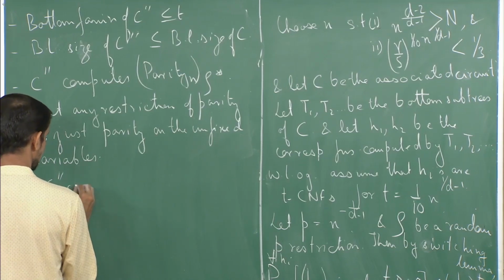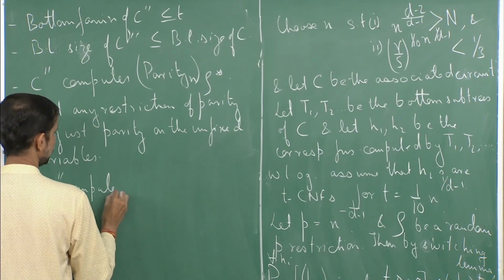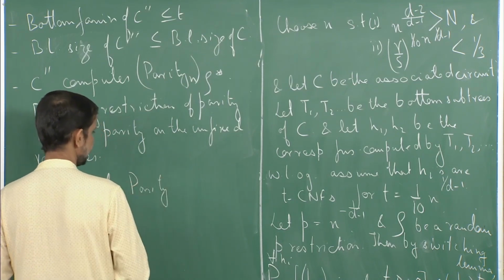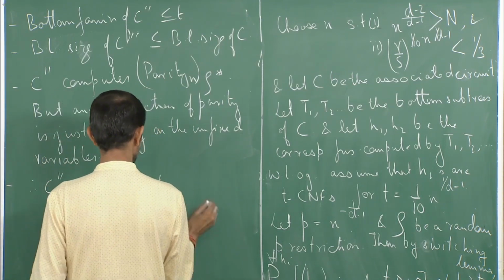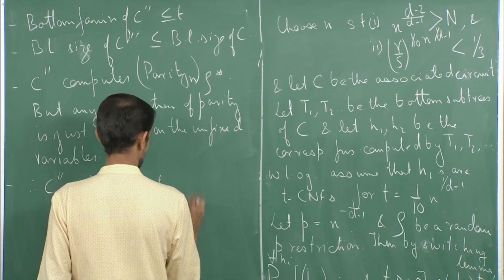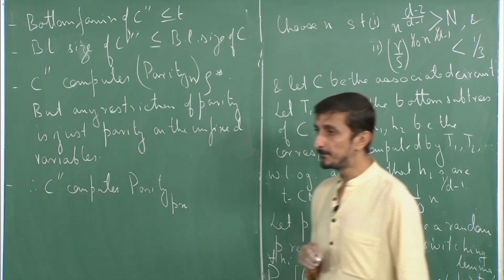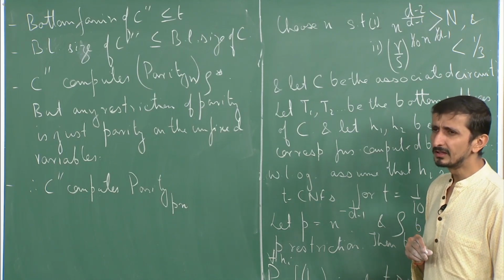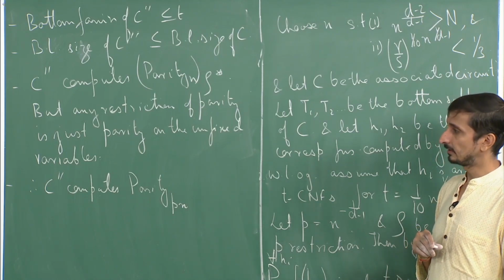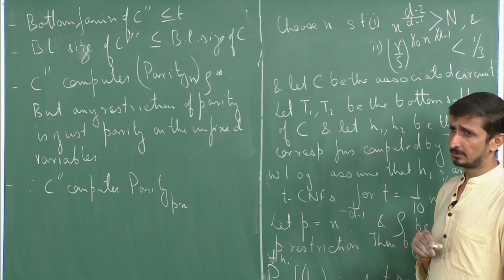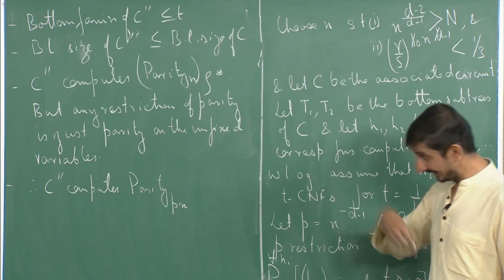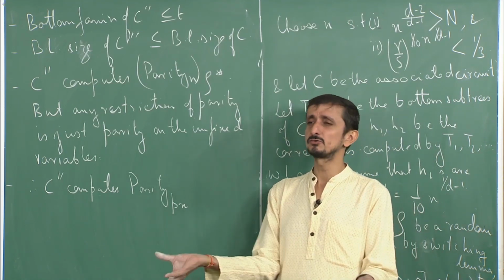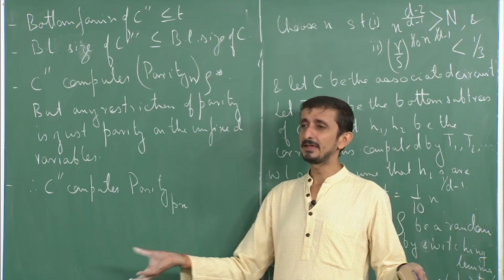Therefore, C double prime computes parity on the unfixed variables, because the other variables are fixed to 0 and 1, so they have become constants.